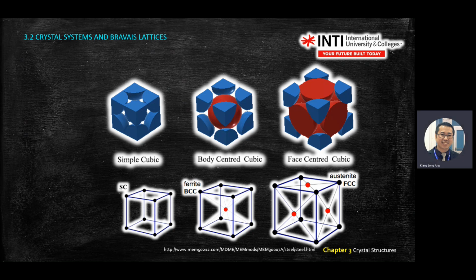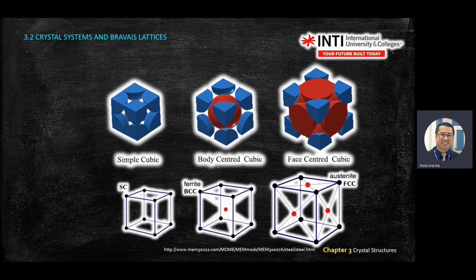On the left, this is simple cubic. This is body-centered. What is body-centered? There is an atom in the middle of the cube. You have 4 atoms on the top, 4 atoms below, and at the center, there's 1 atom.